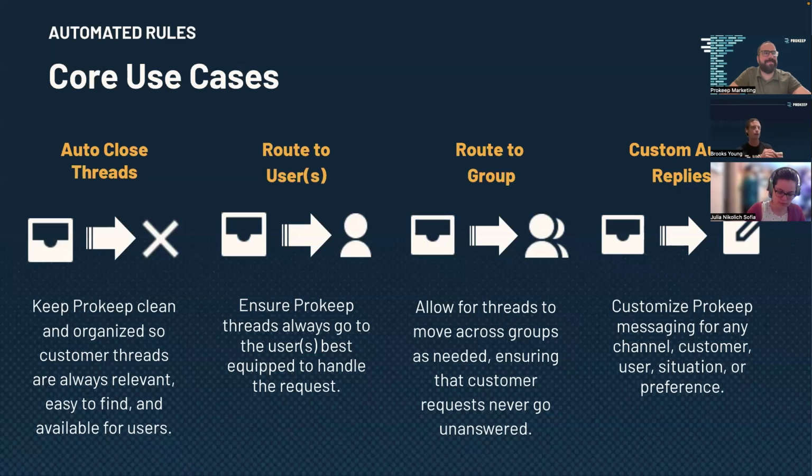And the last bucket here is the custom auto replies. A lot of really cool features within this, both from an upsell opportunity to opt-ins for BTM, as well as certain preferences that maybe a customer group has.